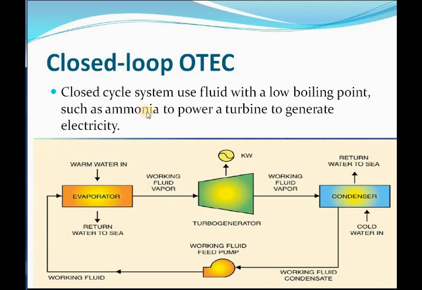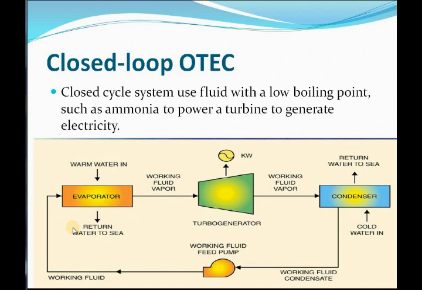The closed loop OTEC power plant uses two working fluids to complete its cycle. So here, if you see the OTEC power plant, it takes the surface warm water, and it also has a working fluid such as ammonia. Based on these two working fluids, the warm surface water vaporizes the second working fluid, ammonia.